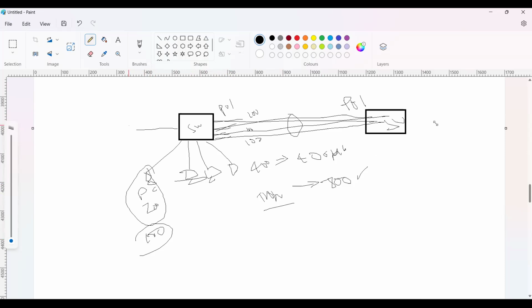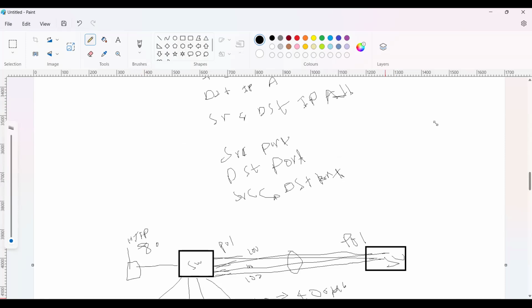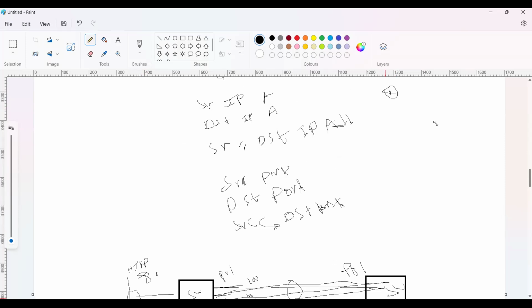If we use one more server with HTTP, HTTP has port number 80, so it will elect the path based on the port number also and select the traffic on that path. This is the load balancing method of EtherChannel. Here we have 9 load balancing algorithms.